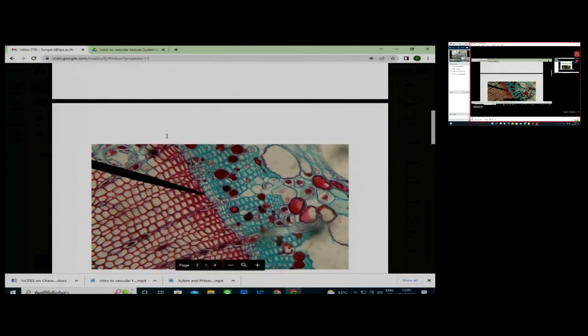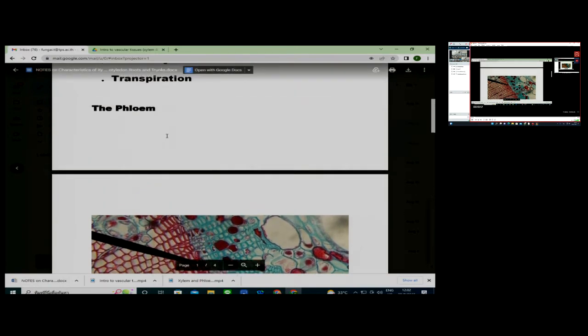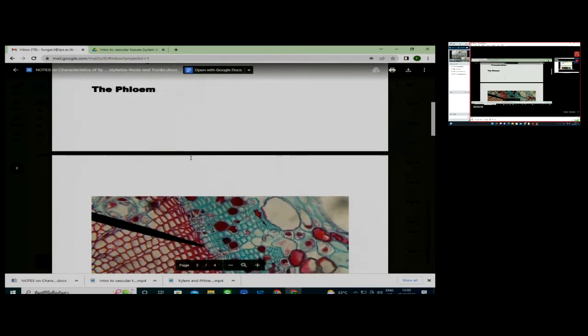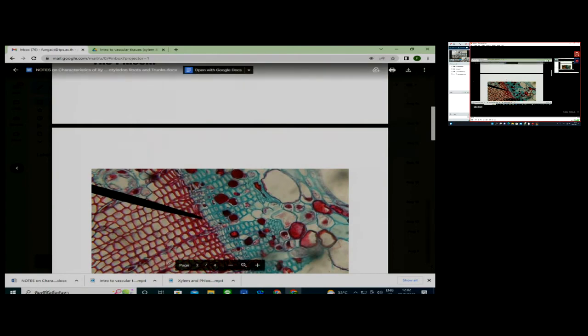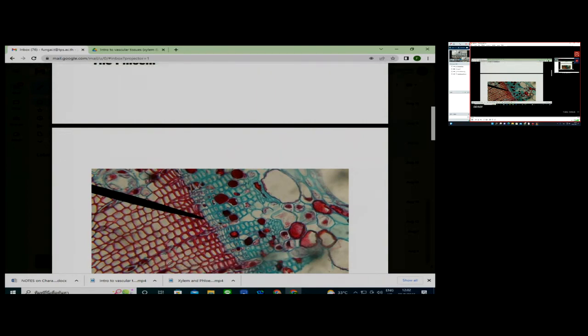Right, so this is the structure of a phloem. I want you to write the word phloem and look at the basic structure of a phloem. This is how it looks. They are tiny pipes. Do we understand what is a pipe? A pipe, okay, the pipe that brings water in a tap.